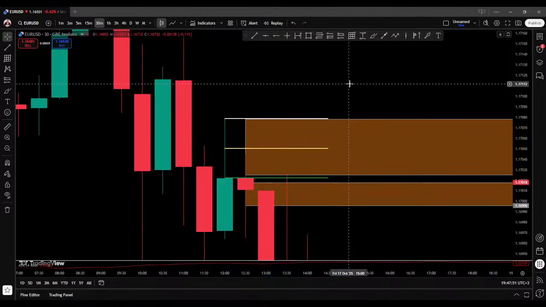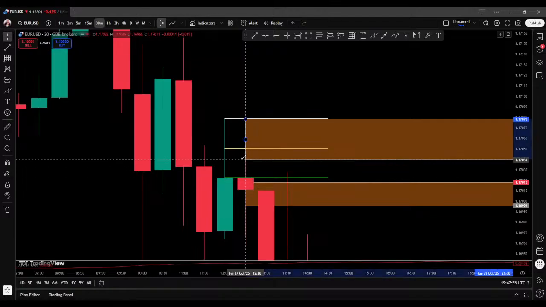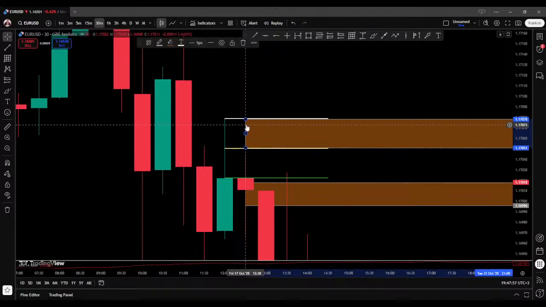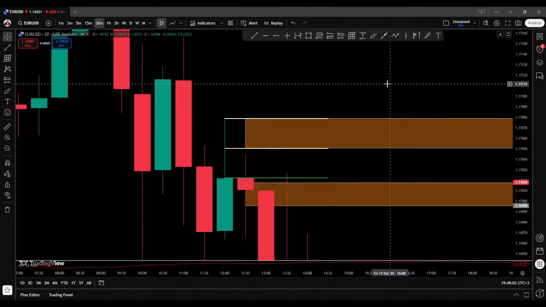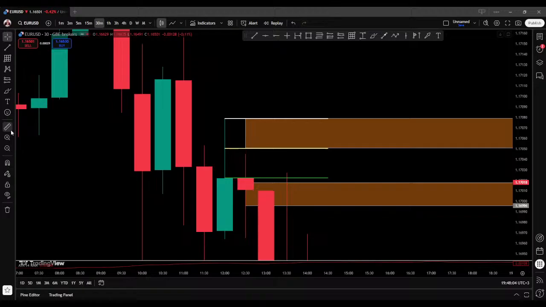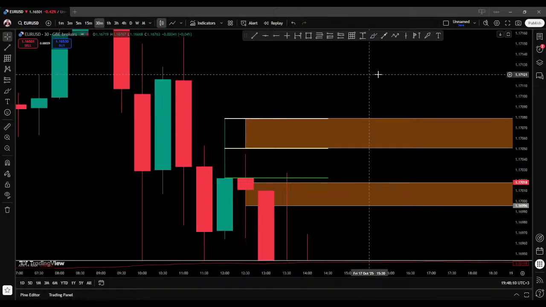Look at this. The wick has already been retested at the base, so we expect that this wick will be retested at the 50%. Like that. So that means this is how many pips? 2.8 pips. Actually, that's even a good trade already.